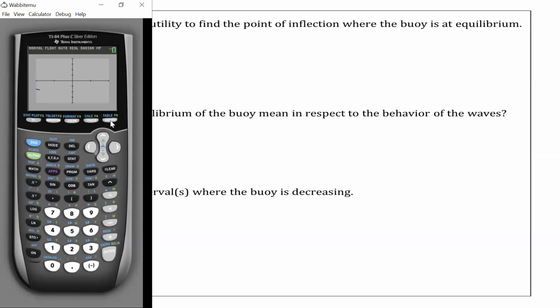I hit the graph. I am still zoomed in from my previous problem, so I'm going to stop the graph by pressing the on button. And I'm going to adjust my window. I'm going to do zoom. Let's see how Zoom Trig treats me today. Okay, it treats me nice.